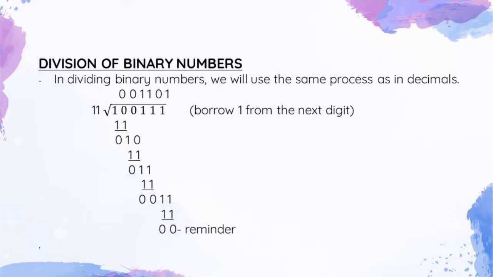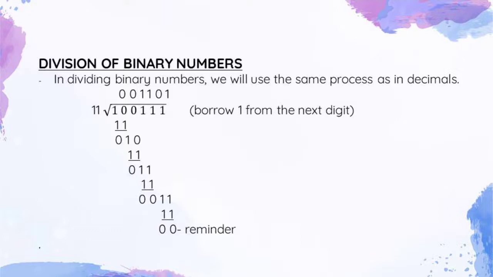So 0 minus 1 is equal to 1. Then 1 subtracted by 1 is 0. So 11 cannot be divided with 1. So we have to borrow from the next digit, which is 0. So bring down 0, and then again we will divide 11 divide 10. So the answer is 0 again.